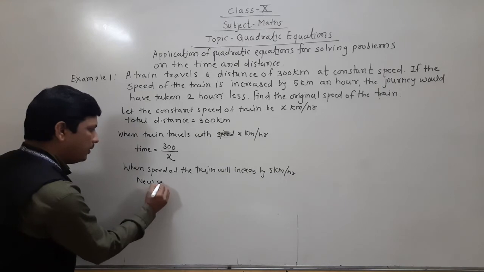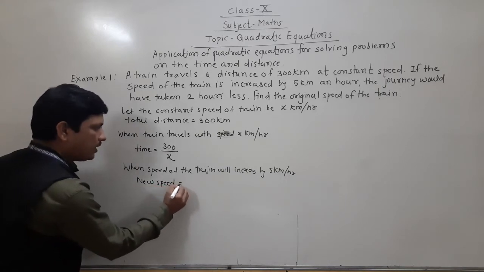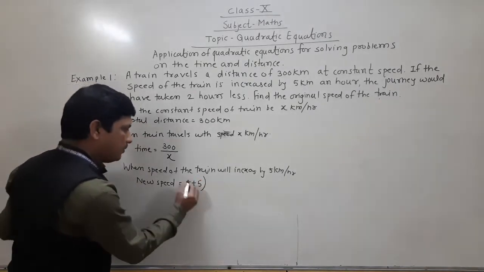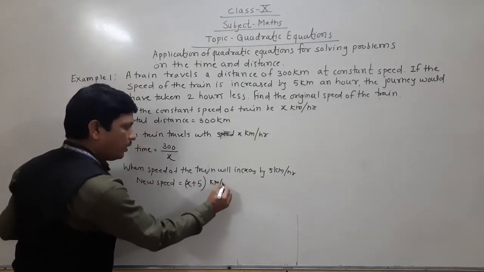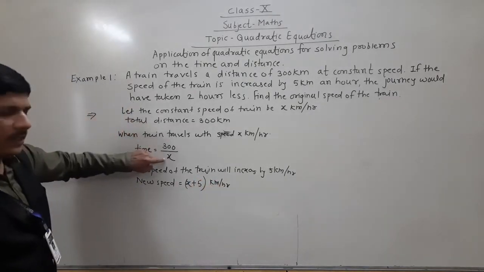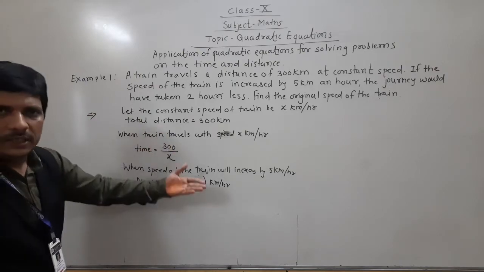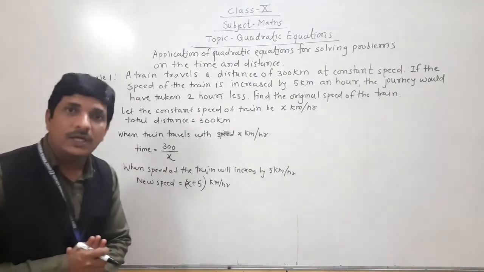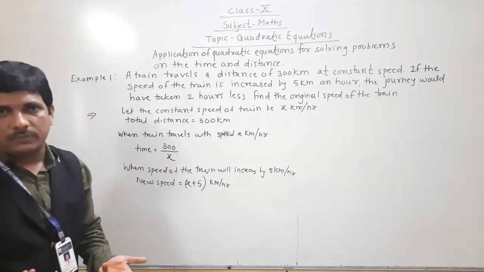New speed will be x plus 5 kilometer per hour. X is the original, so it is increasing by 5, so x plus 5 is the new speed. But distance is same. Distance is 300 km.